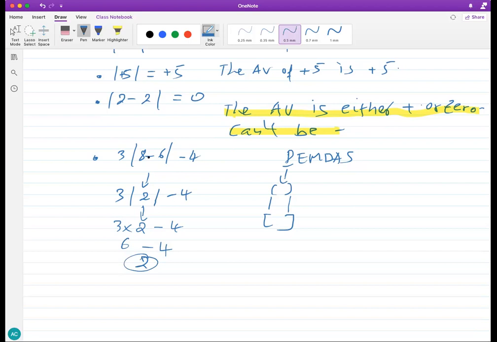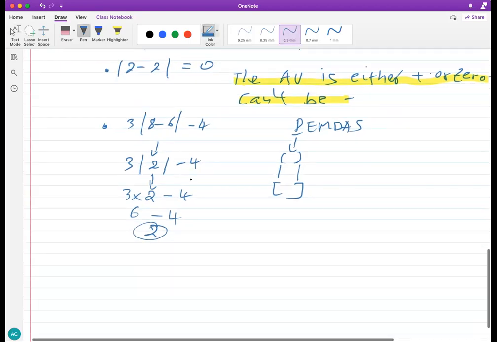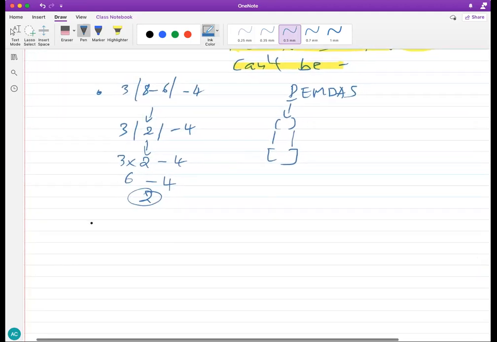Okay, so same order as the PEMDAS order of the parentheses. It's also possible to have, let's say, 5, absolute value of negative 4, and plus 1. Same way, what do we evaluate first?